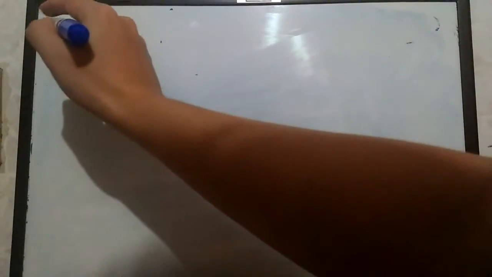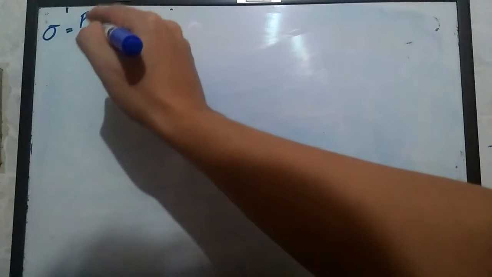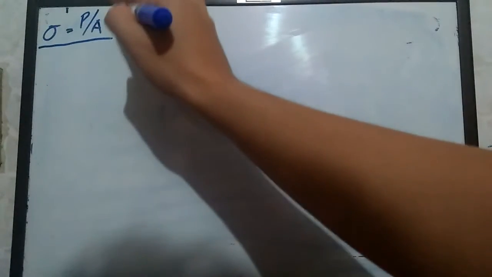Okay, so the average stress formula is basically sigma is equal to the applied force over the cross-sectional area. That's our working formula for this problem. So let's start again at the steel section.